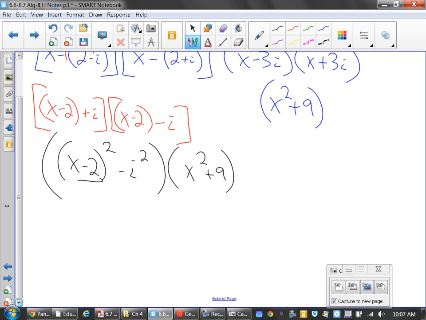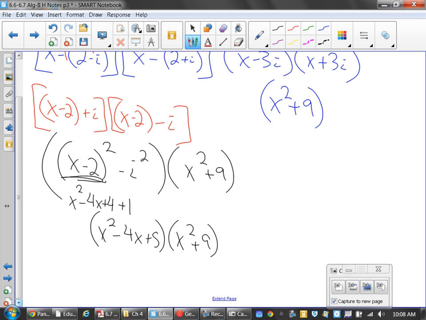So you FOIL this one out, you get x squared minus 4x plus 4 plus 1, times the x squared plus 9. And then just distribute out.